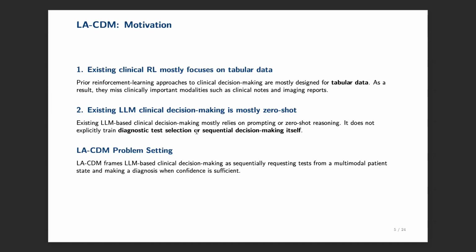Second, many LLM-based clinical decision-making systems rely on just prompting or zero-shot reasoning. They use the medical knowledge already inside the LLM, but they do not explicitly train the model to select tests sequentially.